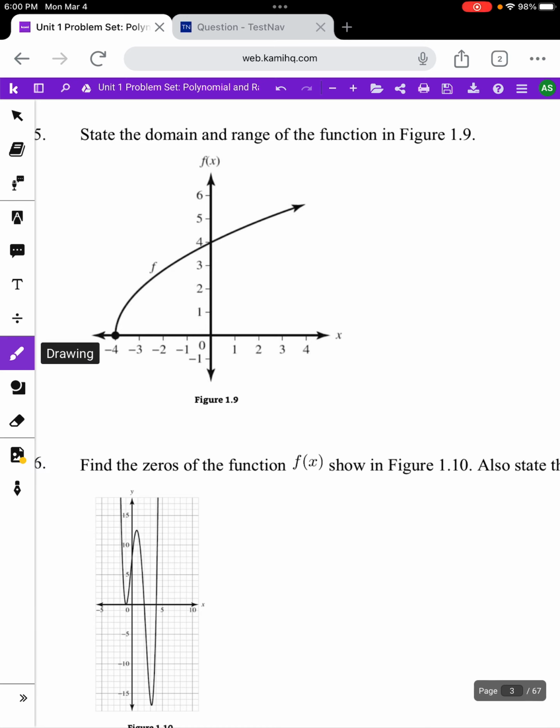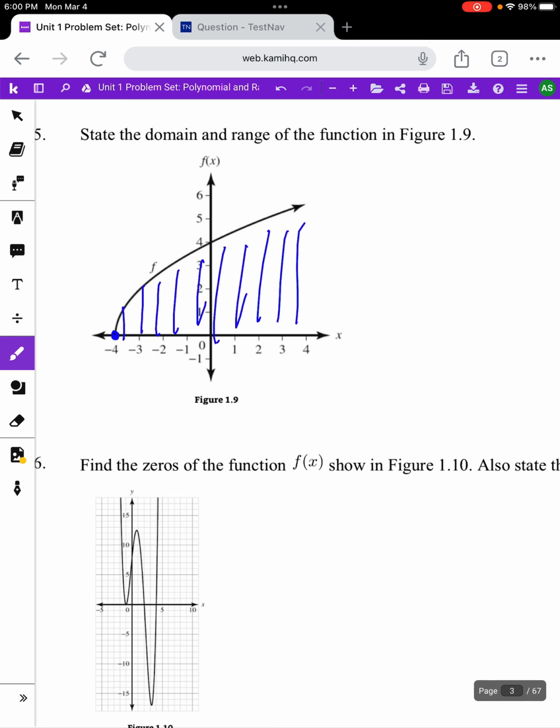All right, domain and range again. So domain, I'm looking for all the x values. So if I look on the left, I'm starting at negative 4, and I'm covering all of these values infinitely, right? So if I was going to draw this as a line graph again, I would color in negative 4. I'm just going to throw a 0 on there. But it's really everything to the right, because it goes on forever.